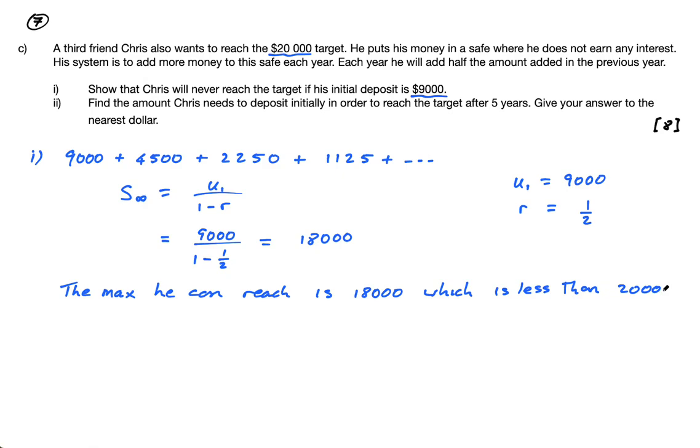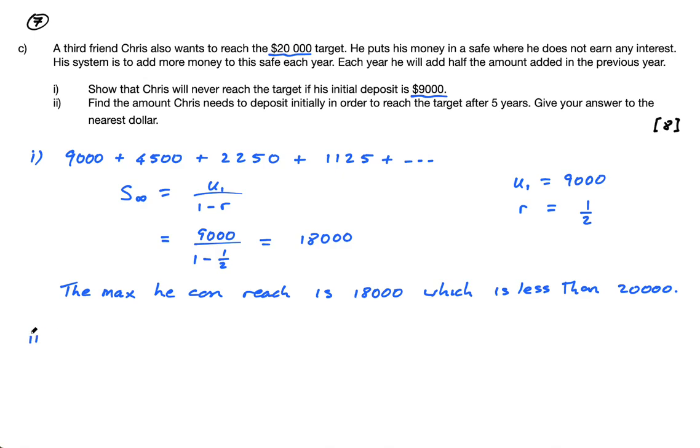So if he was somehow hypothetically able to add half of this forever and ever and ever, he won't get more than 18,000. In fact, really, he won't even get to 18,000, but that's the limit. That's the sum to infinity.